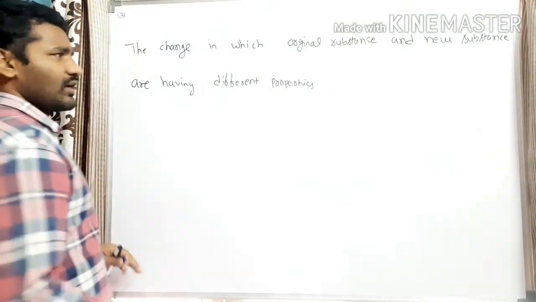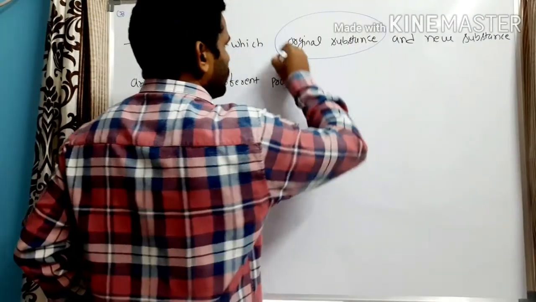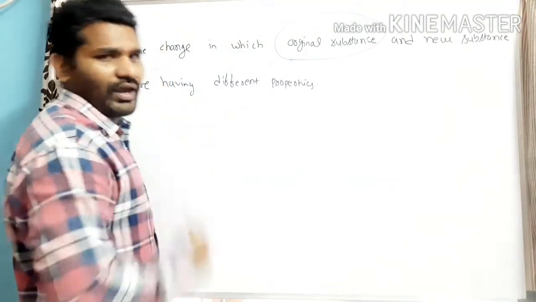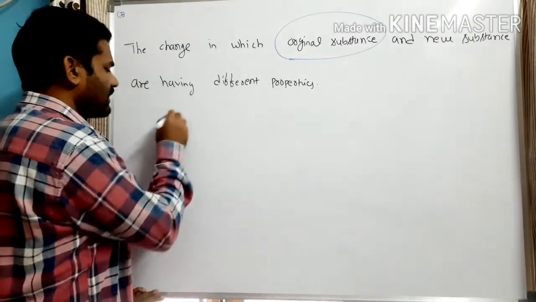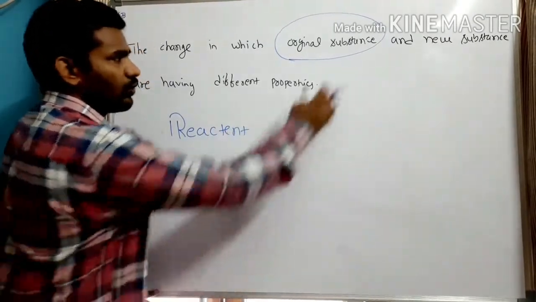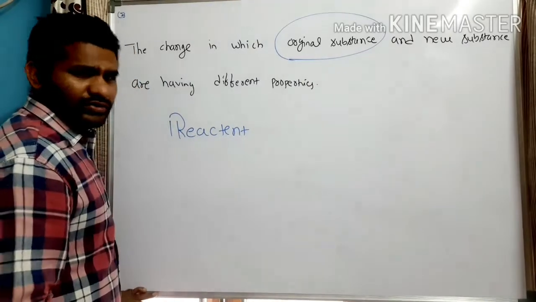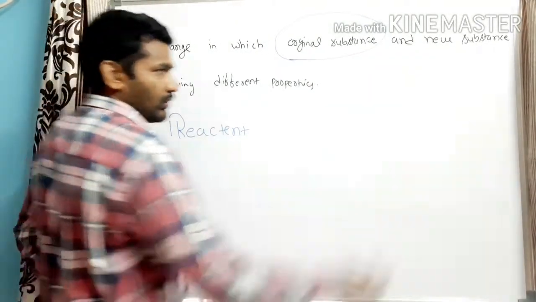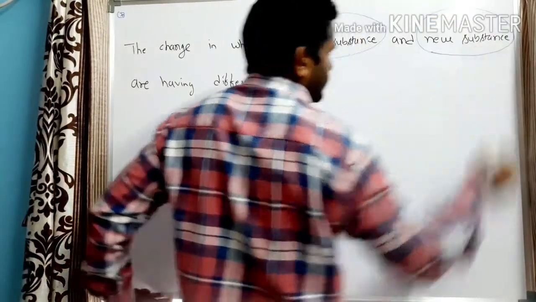Now let us try to understand what this original substance is called. The original substance which is undergoing reaction is called a reactant. What do you call the new substance?